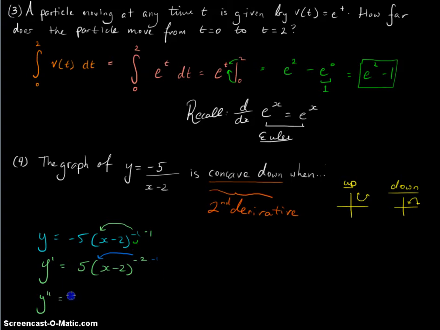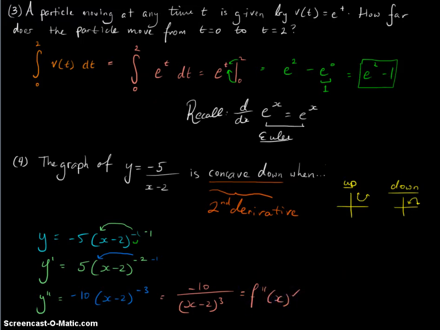So 5 times negative 2 is negative 10, x minus 2, and then you subtract 1, it becomes the negative third power, and we can rewrite this neatly as negative 10 over x minus 2 cubed equals f double prime of x.